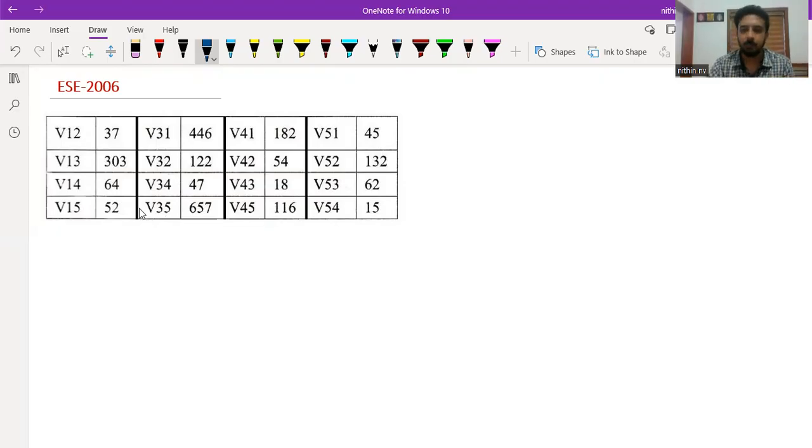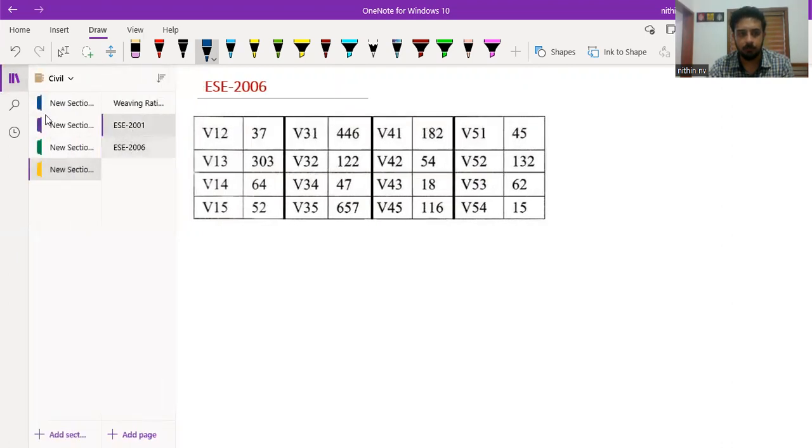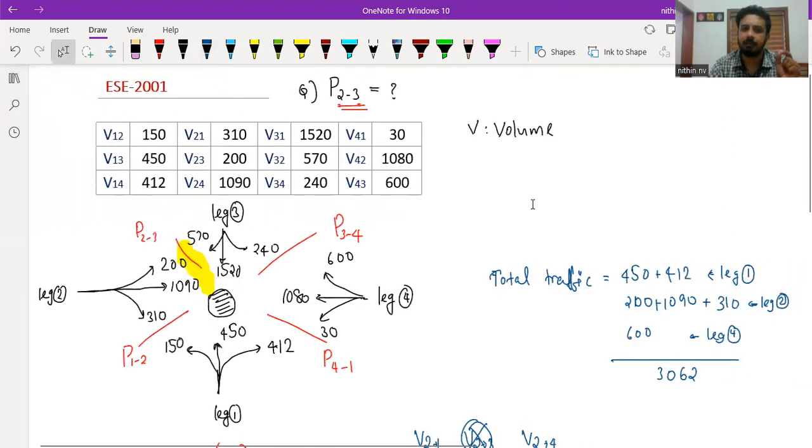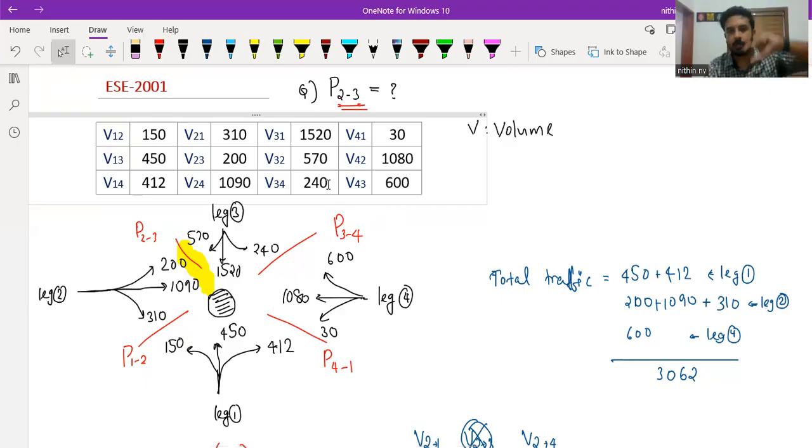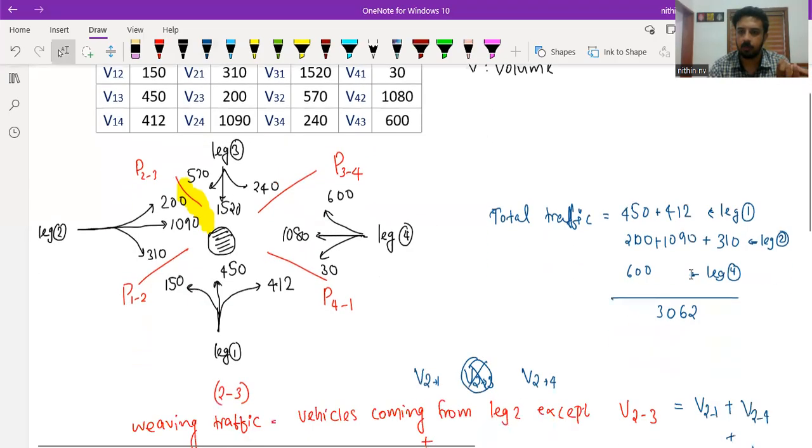In the previous question also, did we take any data from this table? No, right? From 3, did we take any data from this 1520, 570, 240? No, right? We need to calculate 2 to 3, so the data corresponding to vehicles coming from 3 we will not be using anywhere according to this trick.